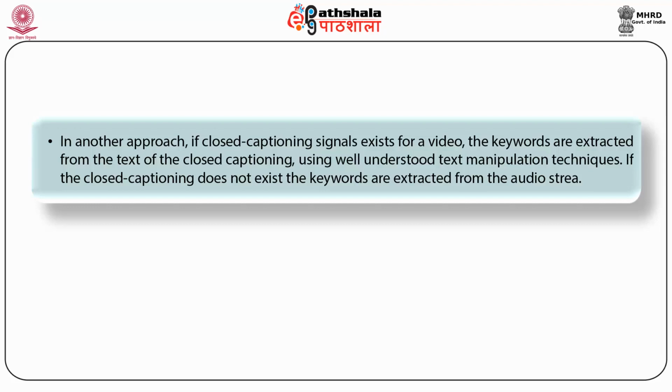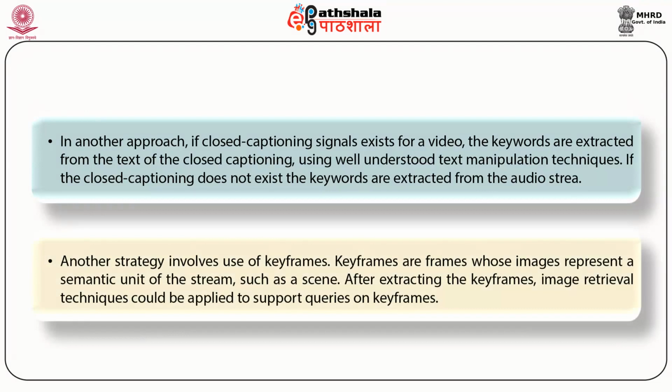If the closed captioning does not exist, the keywords are extracted from the audio stream by using automatic speech recognition techniques. Another strategy involves use of keyframes. Keyframes are frames whose images represent a semantic unit of the stream, such as a scene. After extracting the keyframes, image retrieval techniques could be applied to support queries on keyframes.